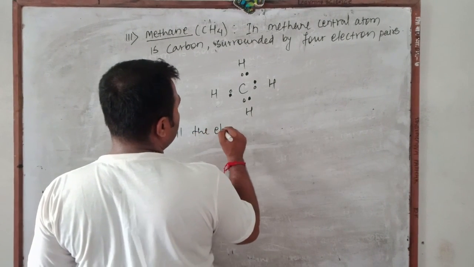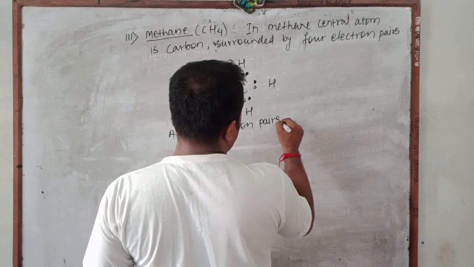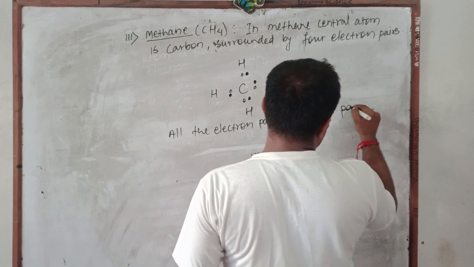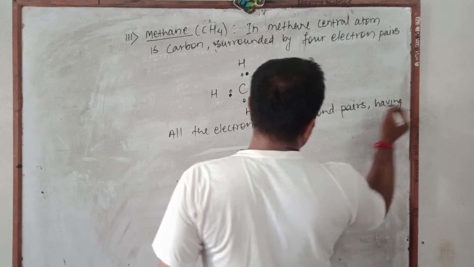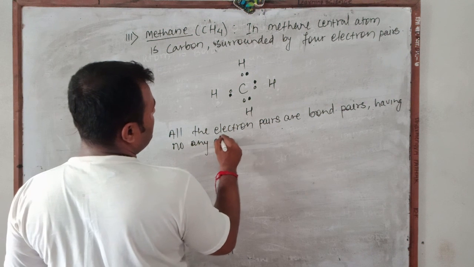All the electron pairs are bond pairs, with no lone pairs.